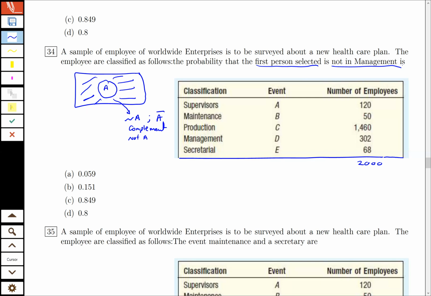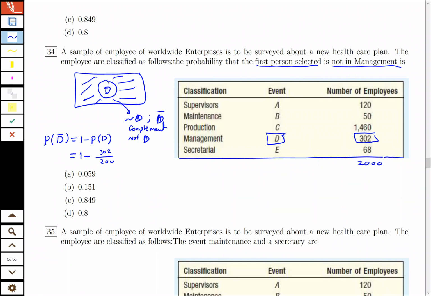So to find the probability of a complement, since he used management and said the management is D, let me say here D, and that's not D, the complement of D. The probability of the complement of D is equal to 1 minus the probability of D. If I want to find not management, I need to find first the probability of management. D is 302 divided by the total.